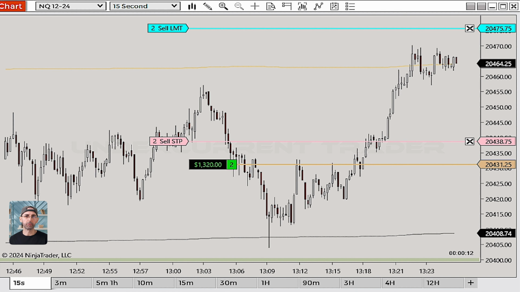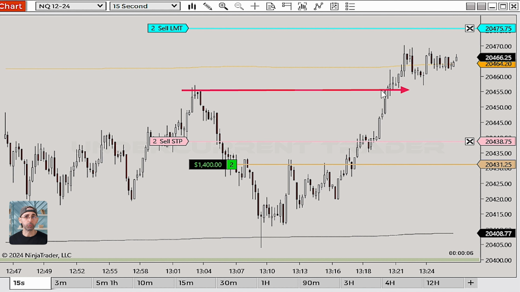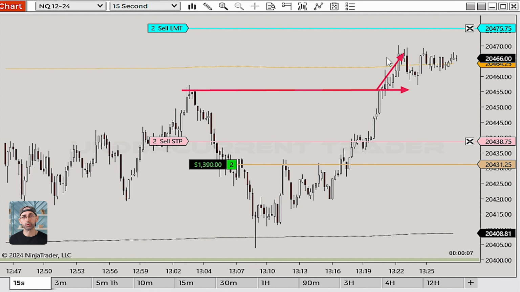And as you can see, after breaking above this structural high, price starts to range around the VWAP's upper band.